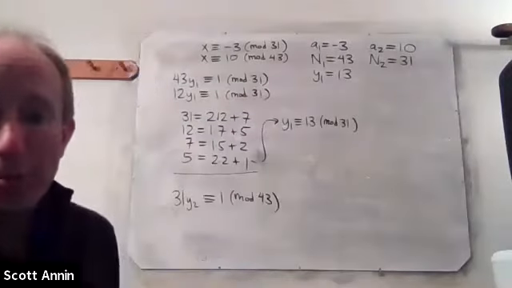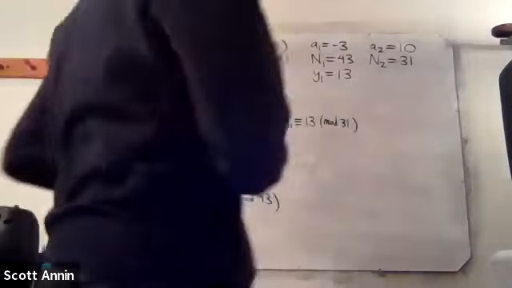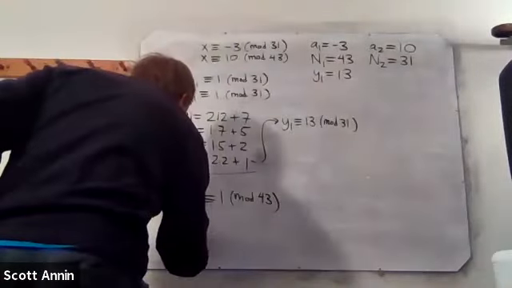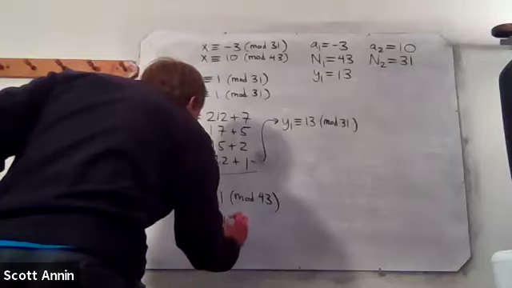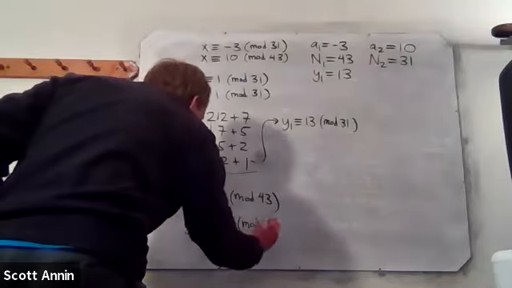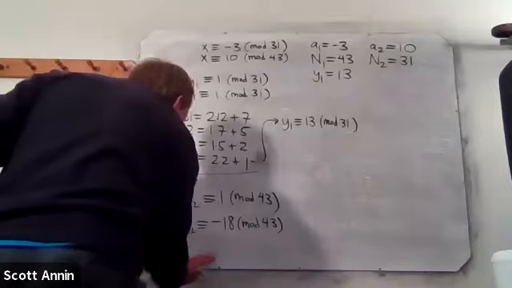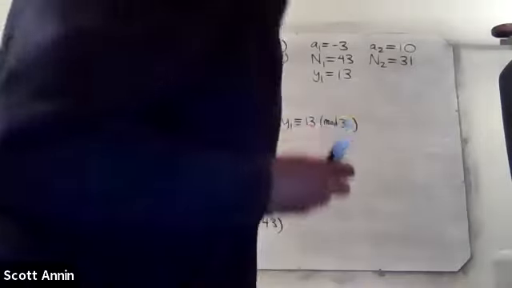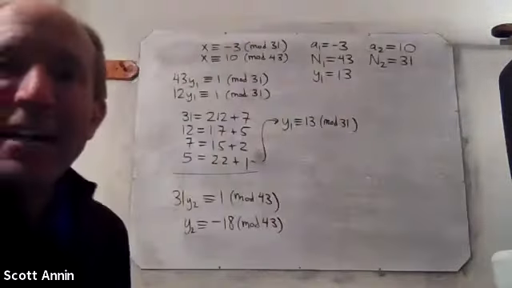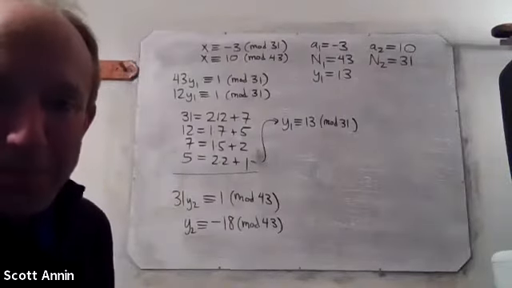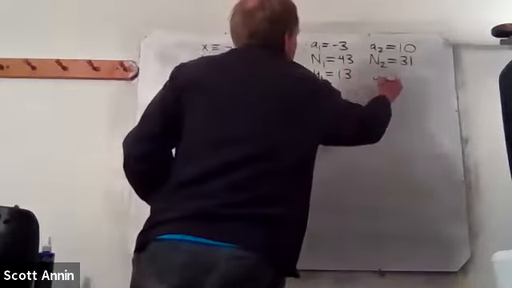If everybody's comfortable with this, I will just tell you that y2 comes out, I actually used a negative number as it turns out, negative 18. So we have to run that Euclidean algorithm again on that to come up with the solution there. So y2 is negative 18.